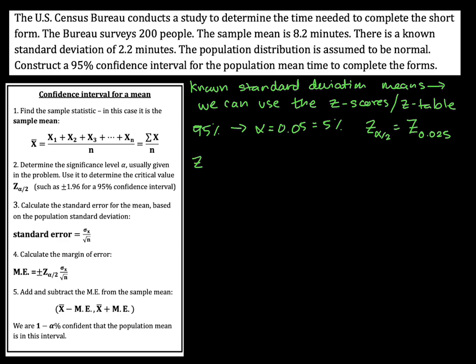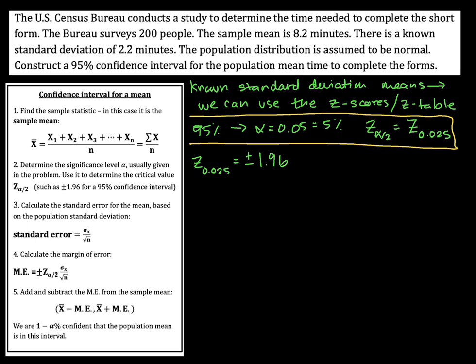So our z of 0.025 is plus or minus 1.96. So this is going to be true anytime you are doing a 95% confidence interval. You don't have to write all these steps. This is just FYI, you can just go straight to, okay, I know the z-scores that I want are plus and minus 1.96.